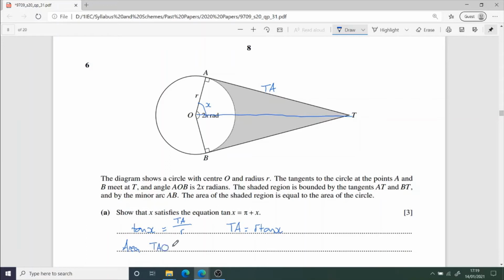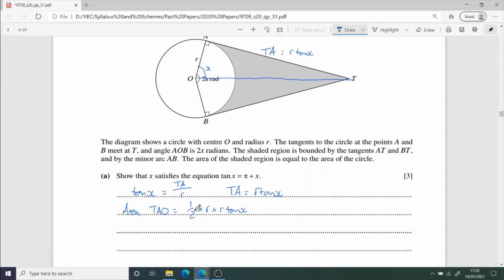and the area of this triangle TAO is equal to base times height divided by 2. So r tan x times by r divided by 2, or a half times r tan x. We can do that because those two sides are at a right angle to one another.